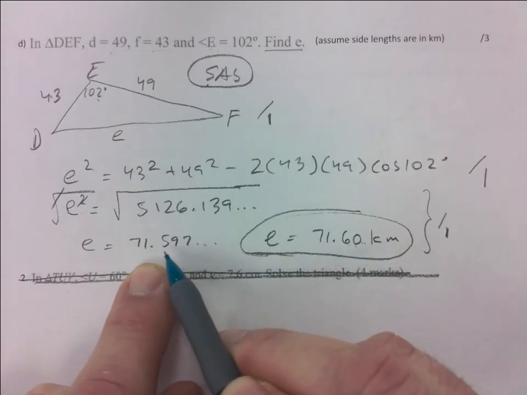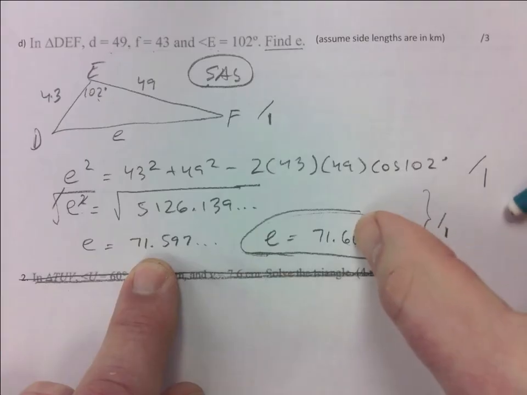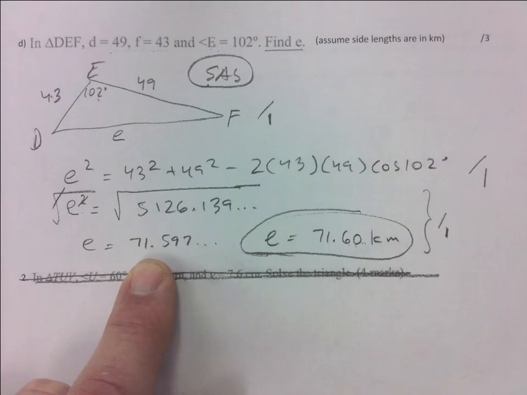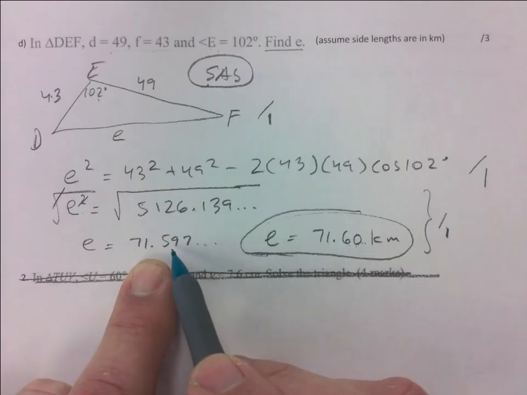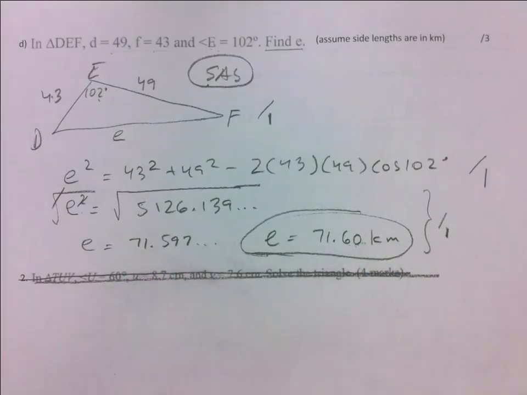If this had been exactly 0.6, like if you type this in and you get exactly 71.6, then it's fine to just go 0.6. But the province says if you're rounding to 2 decimals and the rounding causes it to go to 60, you need to go 60. I'm not going to take off marks today if you went 0.6, that's fine. But I'm just letting you know moving forward, because I didn't talk about that. Moving forward, you should.